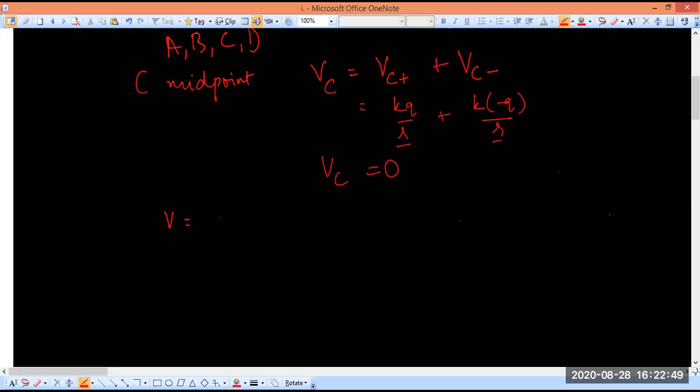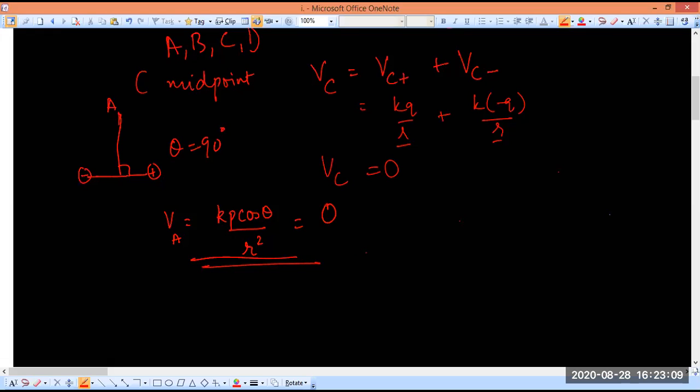Potential at any point due to a dipole is Kp cos theta divided by r square, right? But if you look at this diagram carefully, A is here. So this angle is 90, so theta is 90, right? So that's why this is also 0. Potential at A is also 0. So we have VA is equal to VC.